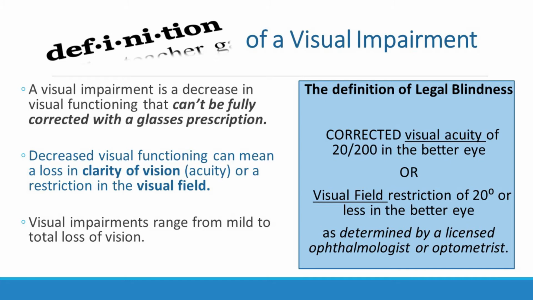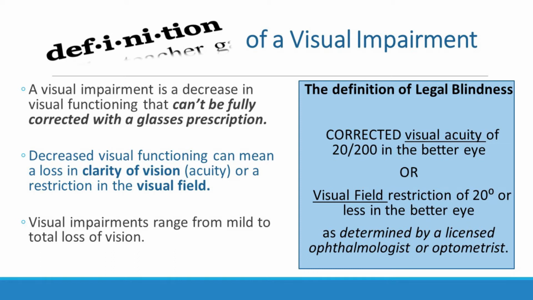Decreased visual functioning can mean either a loss in clarity of vision or visual acuity, or a restriction in the visual field. A student may also experience a loss in both clarity and field. Visual impairments range from mild to a total loss of vision. No two students have the same manifestation of the impairment.